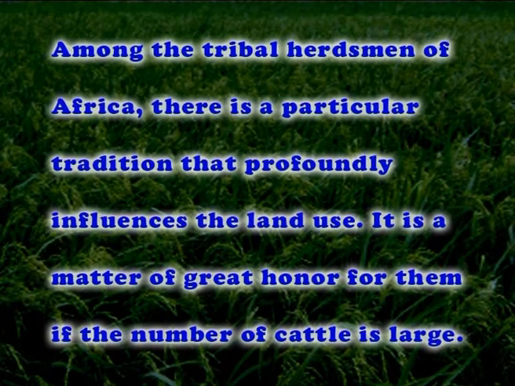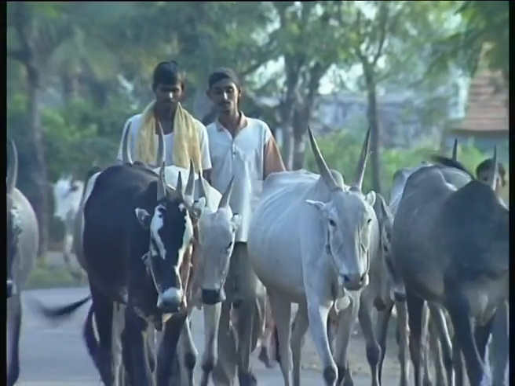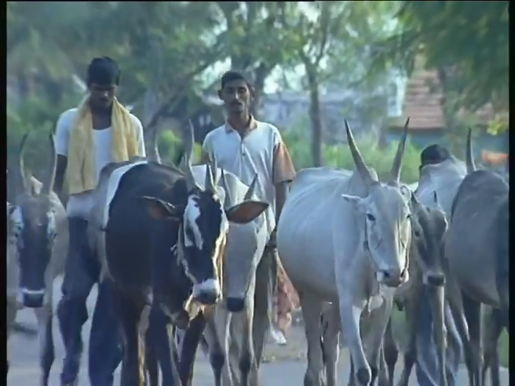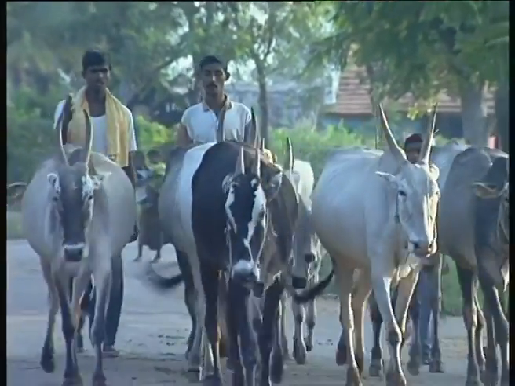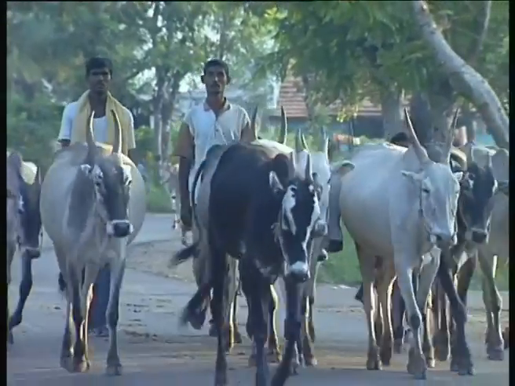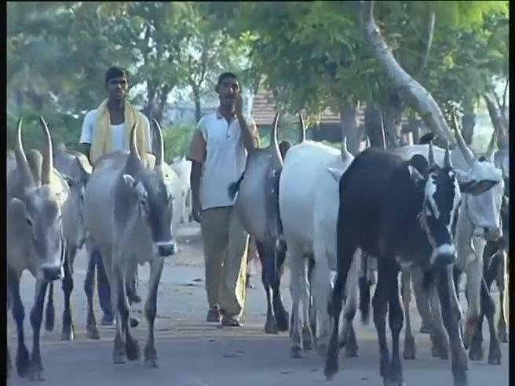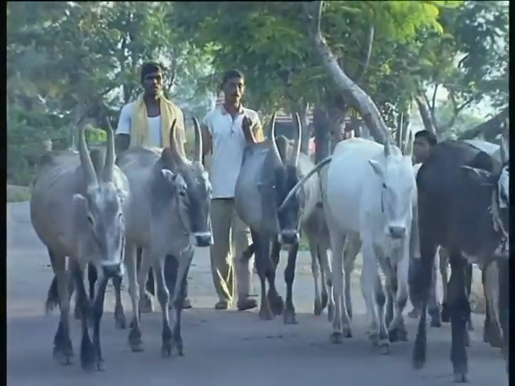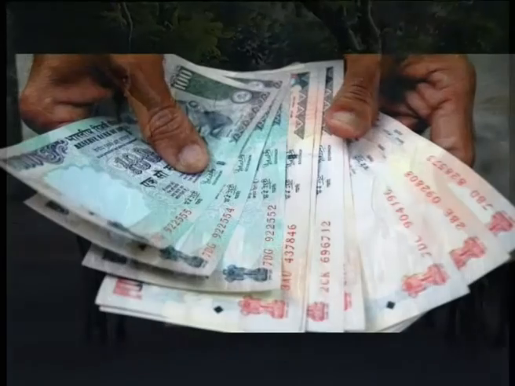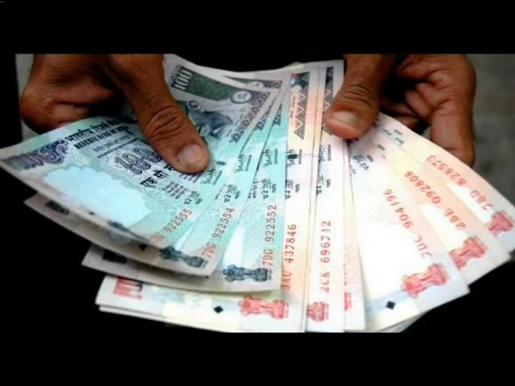Among the tribal herdsmen of Africa, there is a particular tradition that profoundly influences the land use. It is a matter of great honor for them if the number of cattle is large. The greater the number of cattle with a tribal, the greater is the respect in the society, and they think that in days of scarcity, the animals serve as a premium, and during marriages, the animals can be sold easily and money can be raised for marriage.